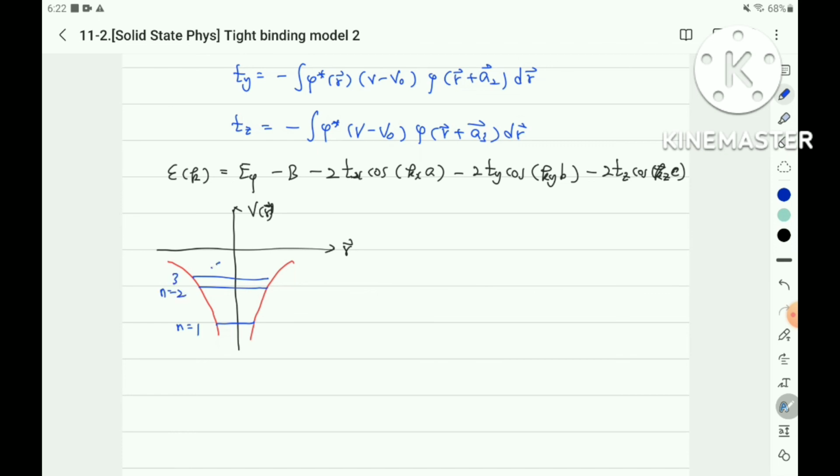Like this, there are quantized energy levels. But in the tight binding model, this localized energy level can be spread out. For example, energy versus 1 over R.